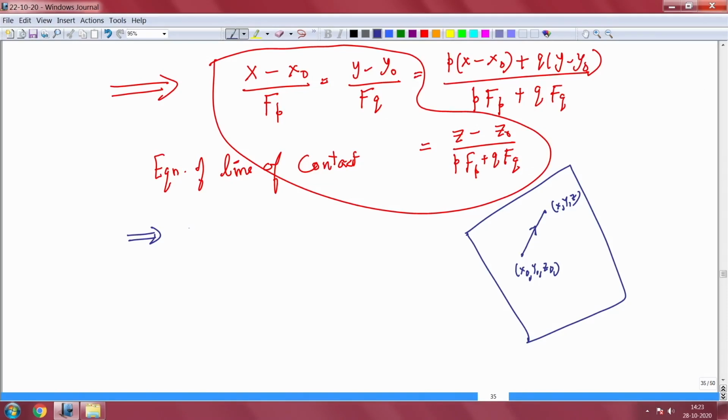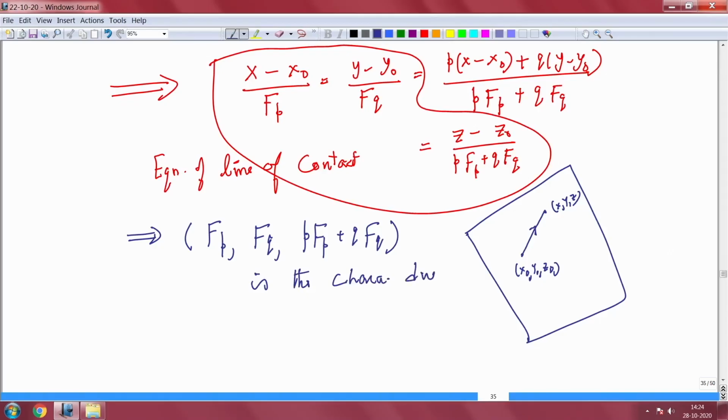That means (f_p, f_q, p f_p plus q f_q) gives you the characteristic direction.